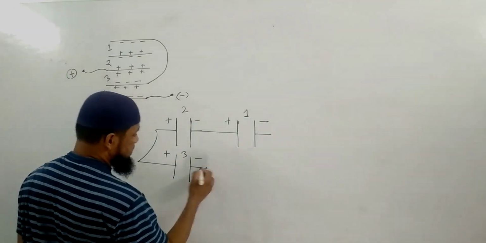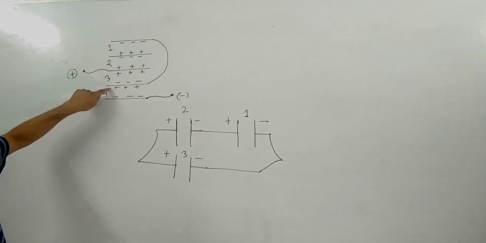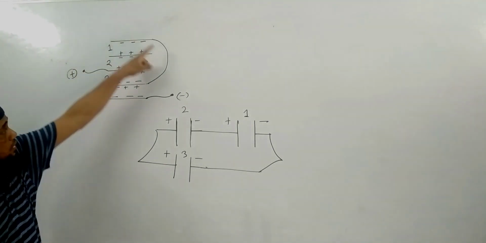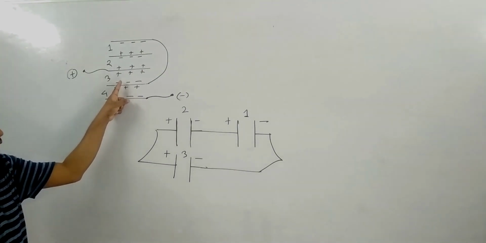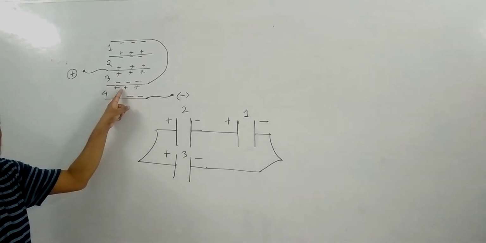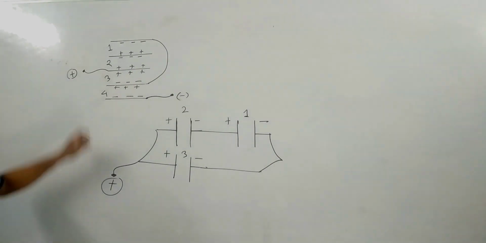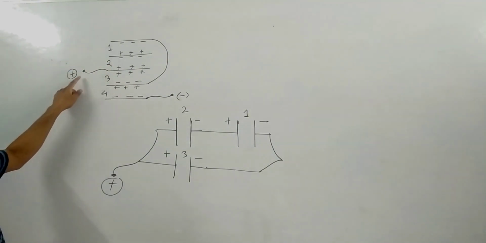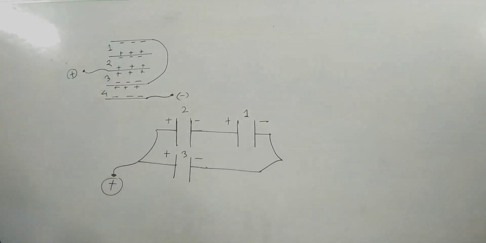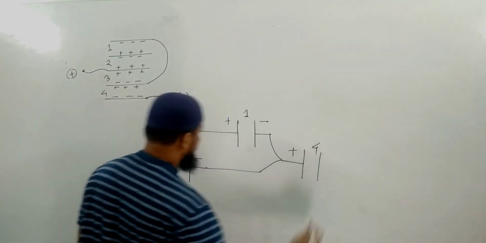The negative plates of 3 and 1 are connected to the positive plate of 4. Clear? So this side is coming to the positive terminal. Any other plates connected on the positive terminal? Only 2 plates: positive of 2 and positive of 3. These 2 are connected to the positive plate of capacitor 4.